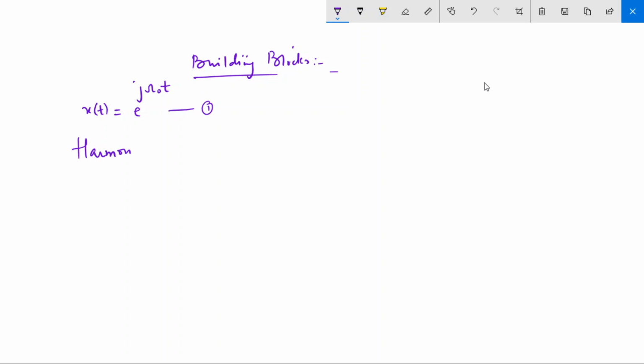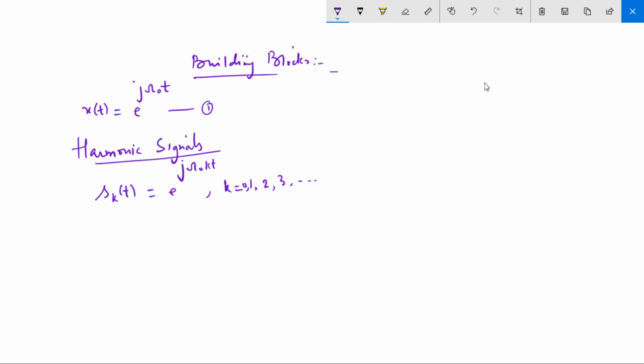We define a class of harmonic signals, suppose s_k(t), which is equal to e raised to power j omega naught k t, where k is maybe 1, 2, 3, and so on, or you can also start from 0, and you can also take negative values.